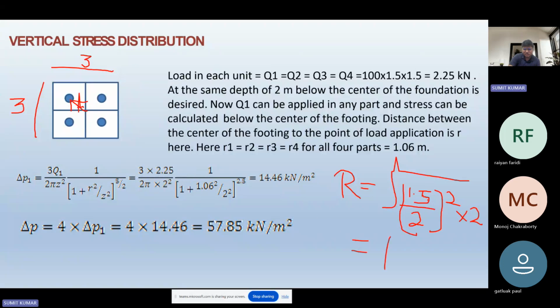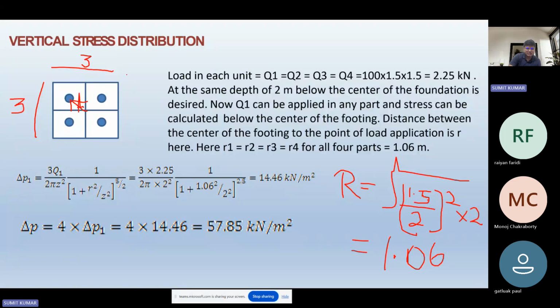Q1 is nothing but 225. In this way we have calculated delta P1 as 14.46. When we multiply 4 into delta P1, it comes to 57.85.